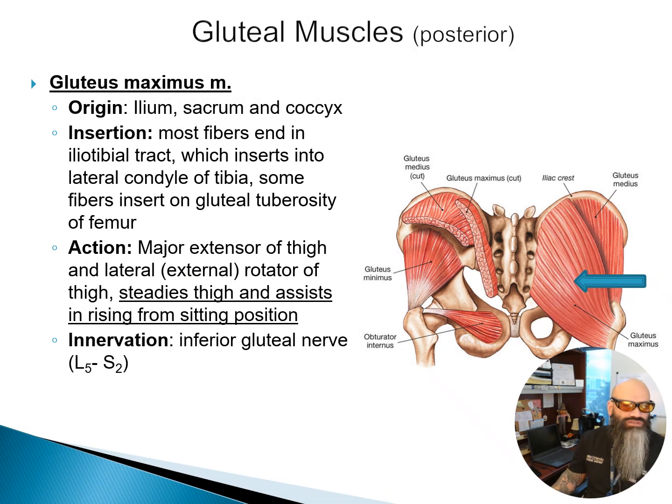Gluteus maximus, as mentioned in class, originates... the main thing I want you to know about this slide is that it is innervated by the inferior gluteal nerve and the spinal nerves L5 through S2. And it's basically going to be a thigh extensor.